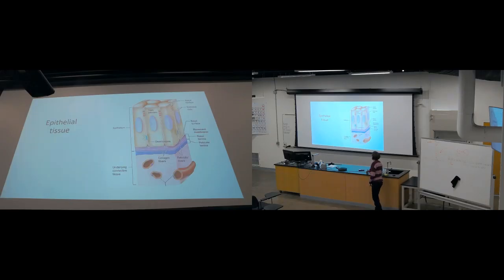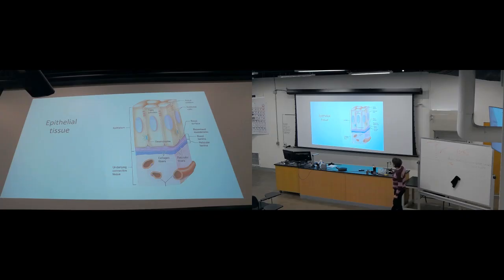So here is the epithelial tissue. You have this apical surface, this basal surface, and this lateral surface. And these are the tight junctions. Here's the nucleus, desmosomes, and the basement membrane, which has a basal lamina, which is the one close to this epithelium, and the reticular lamina, which has a lot of elastic fibers and faces this connective tissue underneath.